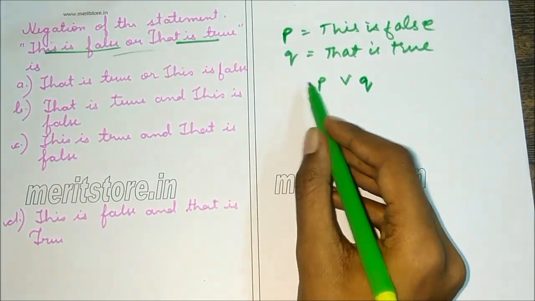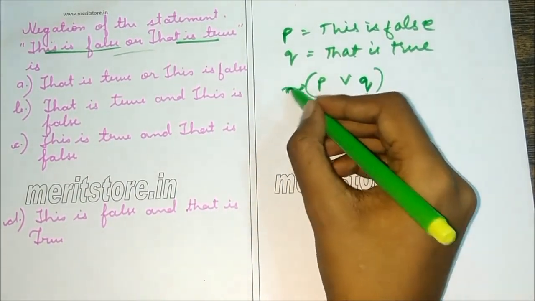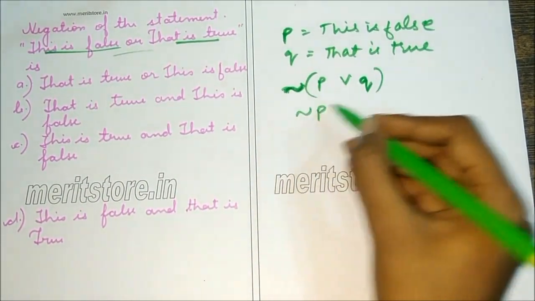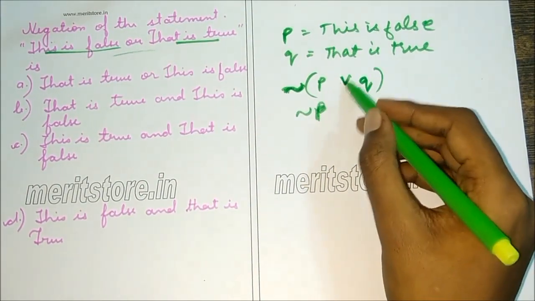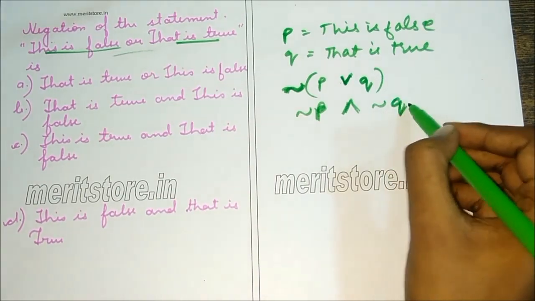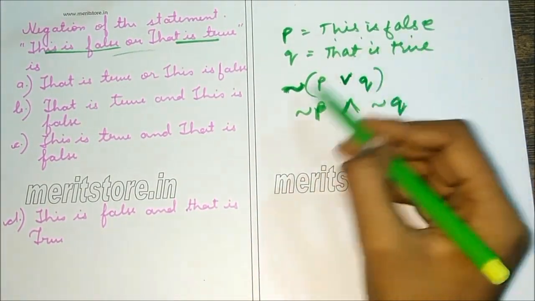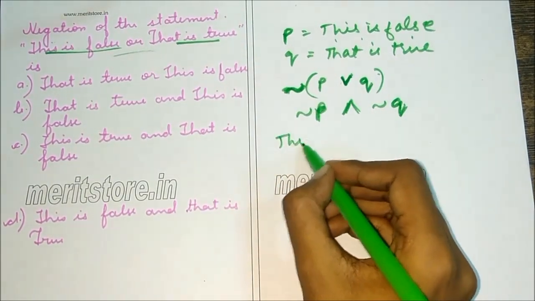So the negation of this statement, using De Morgan's law, will be negation of P, negation of or is and, negation Q. Rewriting this in the form of a sentence, the opposite of this is false is this is true.